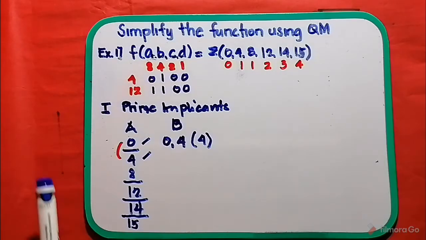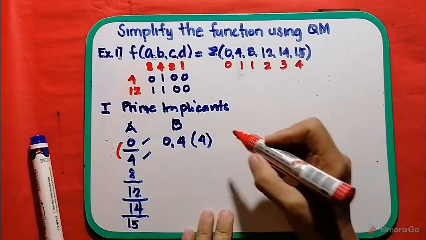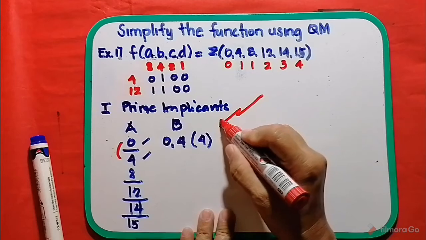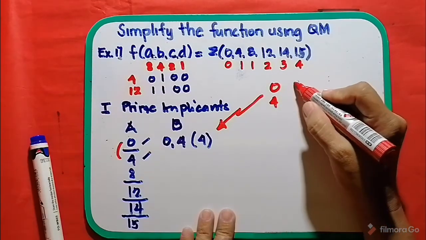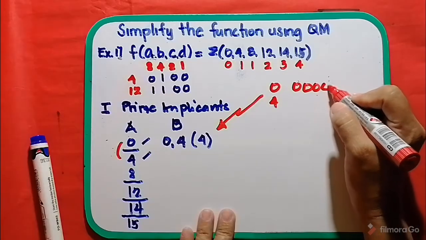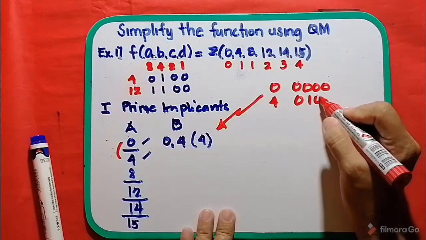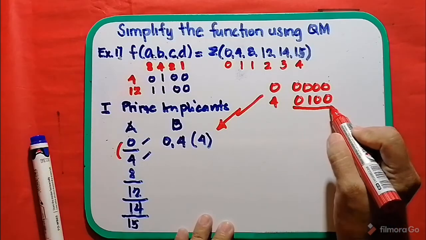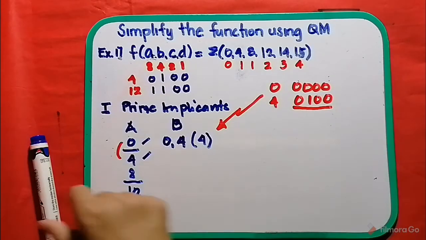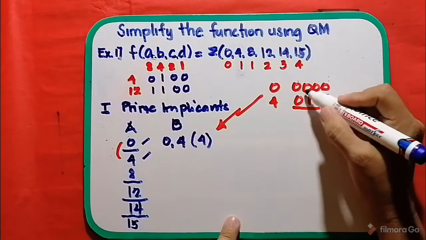Now, if we associate it with the binary format, we have here 0 and 4. 0 is 0, 0, 0, 0. 4 is 0, 1, 0, 0. You will notice the two numbers only differ at this position.